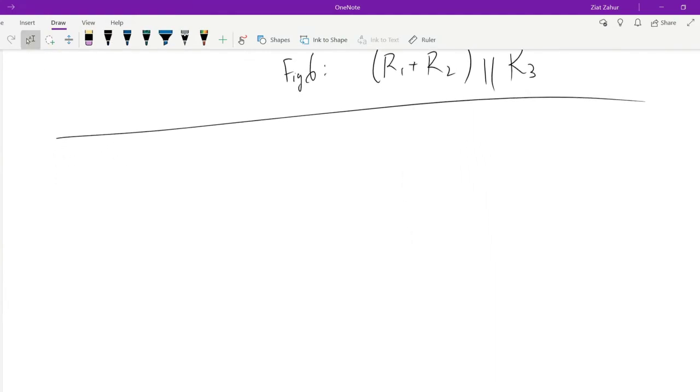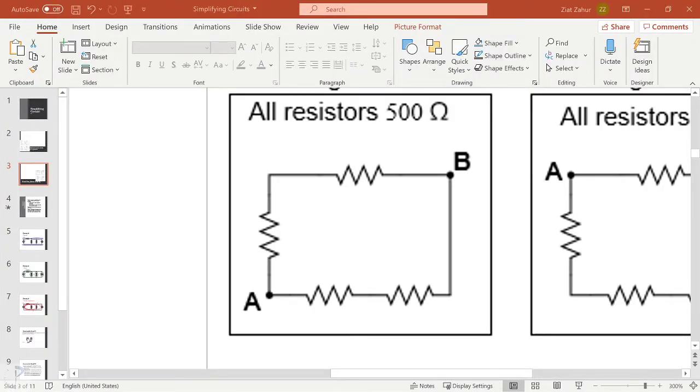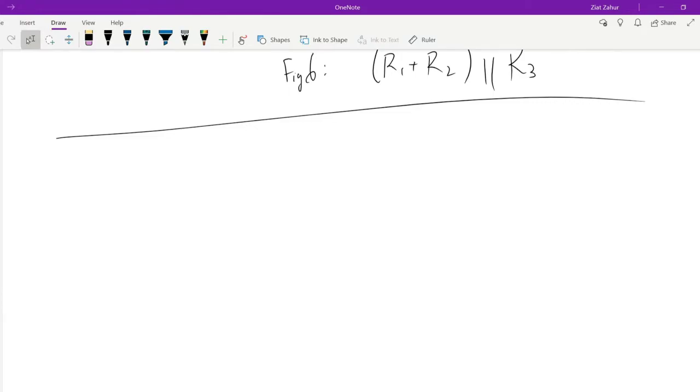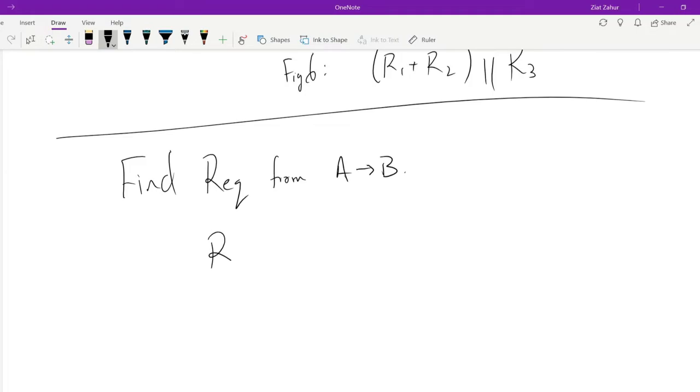Alright, moving on to actual calculations. Get your calculators out. The first couple are pretty easy, but there are some tricky ones, so stay tuned. Here's number 1. The directions are find Req from A to B. Sometimes you can write it as RAB.